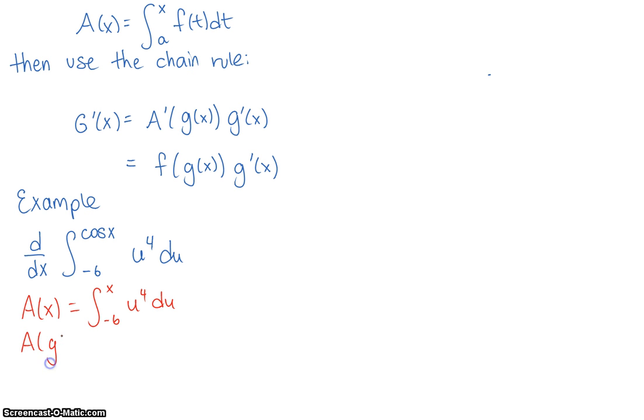A of little g is going to be the integral from negative 6 to g of x, I should say, of u to the 4 du, where g of x is now equal to our cos of x. And we're going to set our big G of x to be equal to your A of x with little g of x inside.